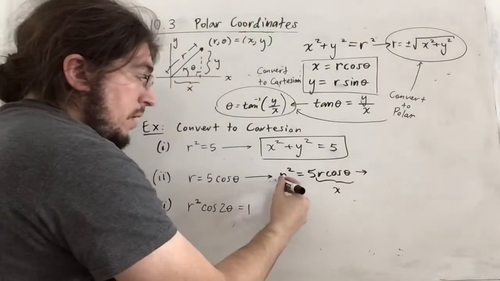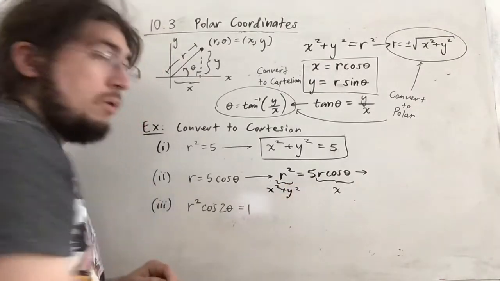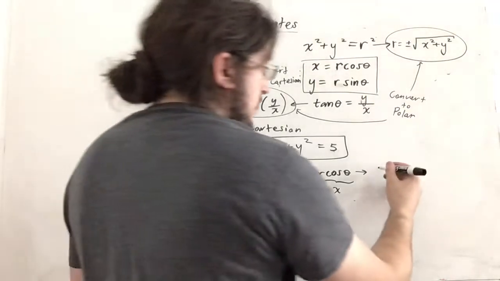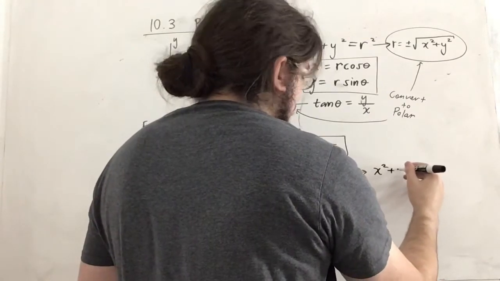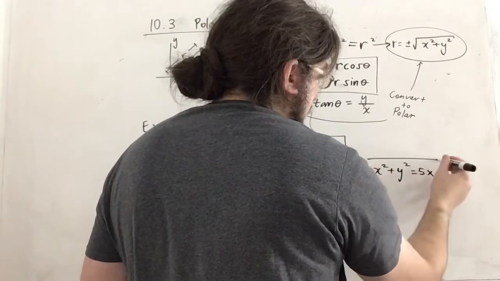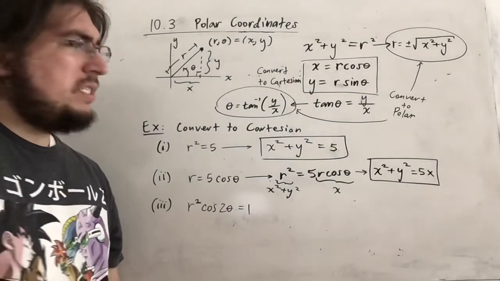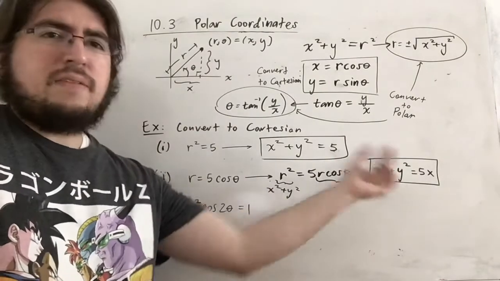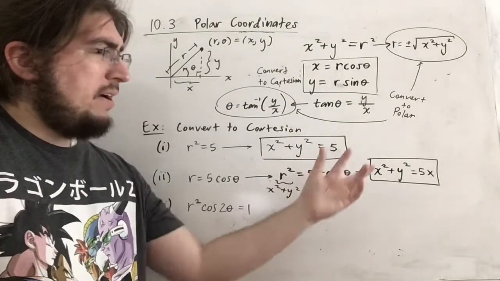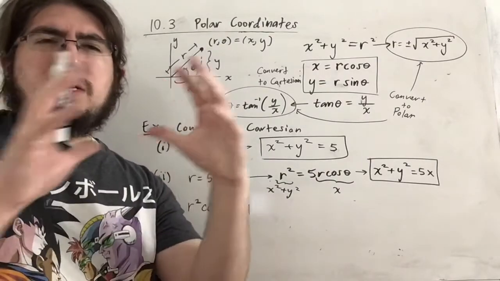And r squared is what? Like we saw from the previous example, it's x squared plus y squared. So this will turn into x squared plus y squared is equal to 5x. Which I kind of want to leave like that. This is also a circle, as it turns out. If you subtract 5x to the other side, you'd have to add a number to both sides to complete the square for x. And basically, it's a circle with a different center.